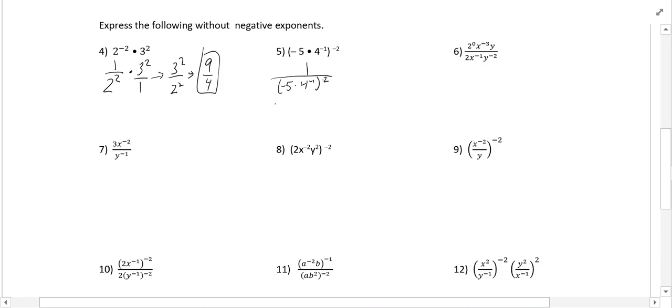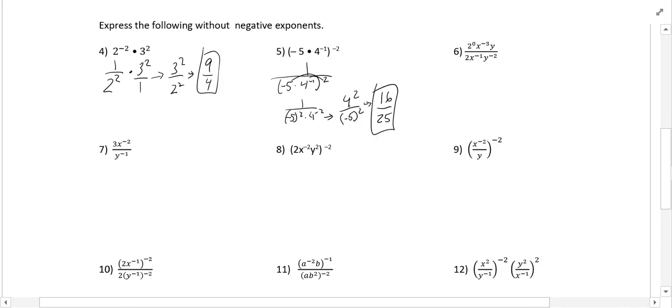So then when we distribute here, you have 1 over negative 5 squared times 4 to the negative 2. But since this 4 to the negative 2 is in the denominator, to make it positive, it needs to go back to the numerator. So we're kind of going back and forth here. So now this becomes 4 squared over negative 5 squared. So if we simplify that, we're going to get 16 over 25.